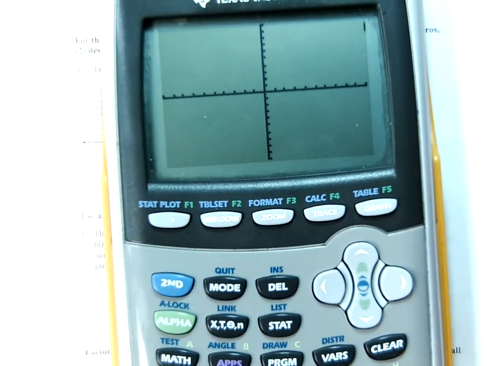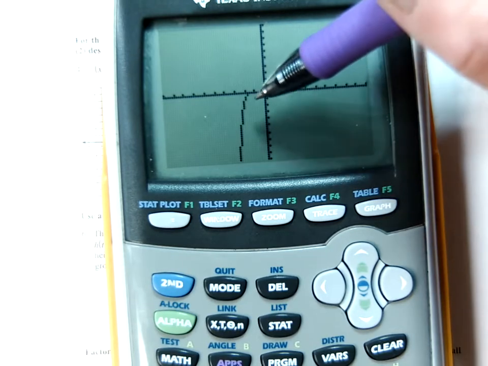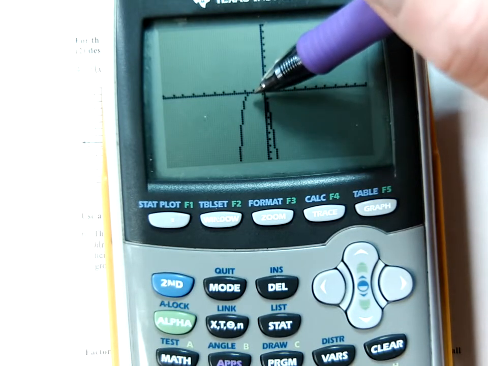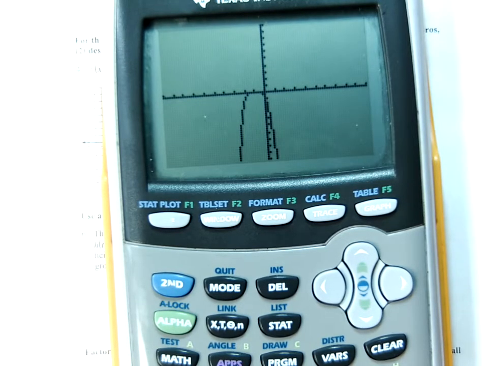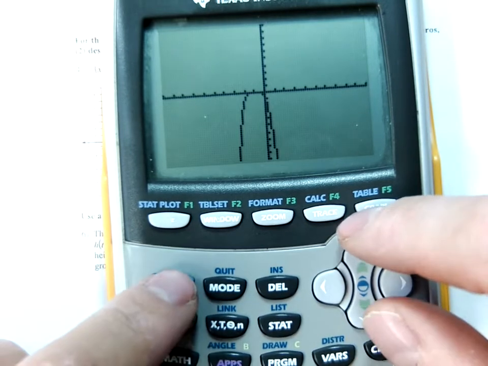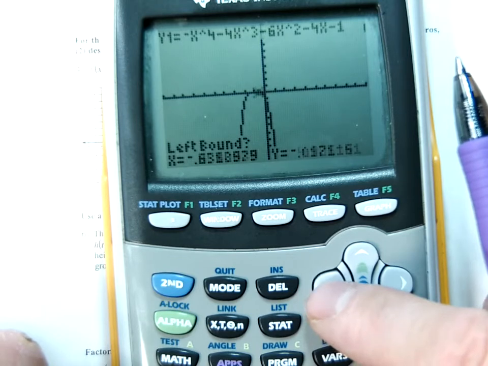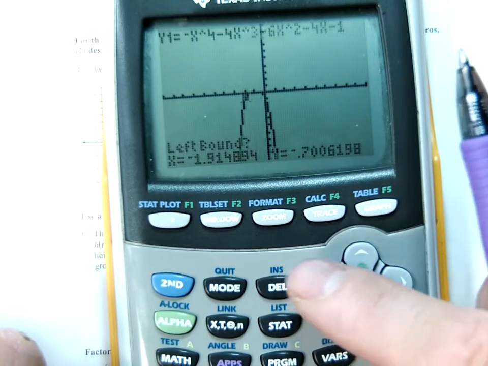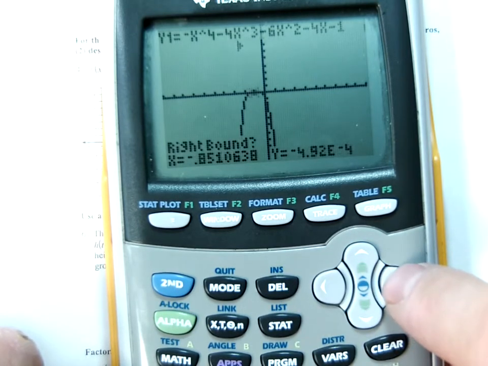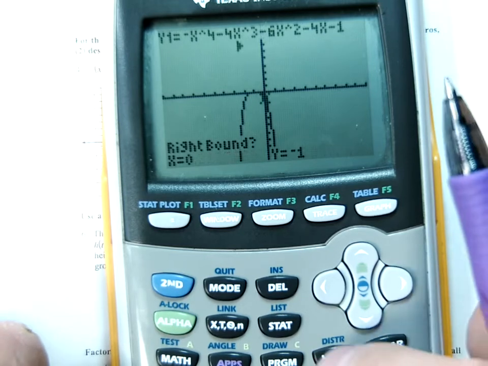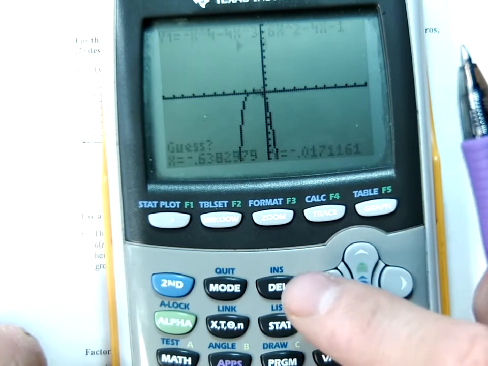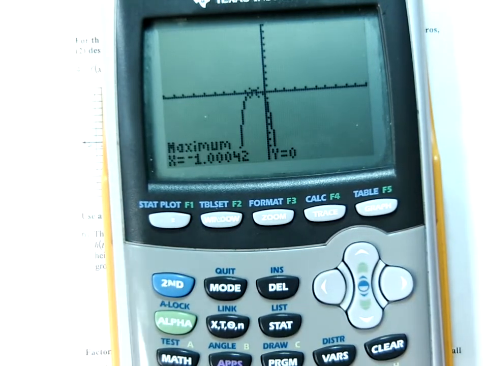Here comes my graph. We can see it crosses or bounces off the axis at negative 1. I can actually calculate that. I can use calc maximum, go to the left of negative 1, to the right of negative 1, and then take a guess in between. It tells me negative 1, 0.